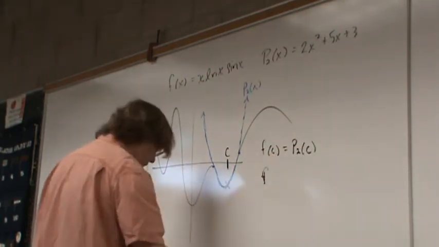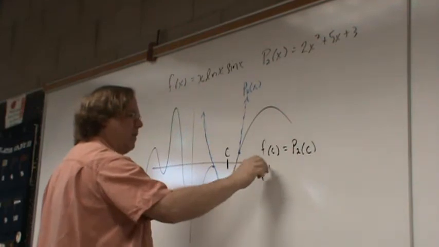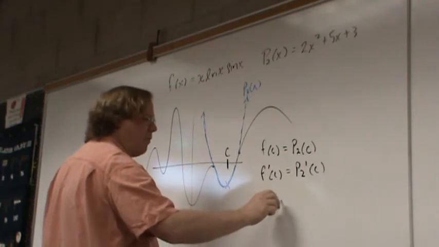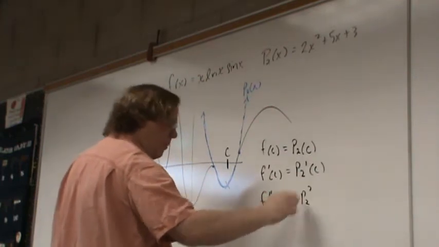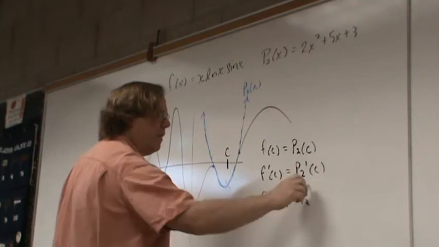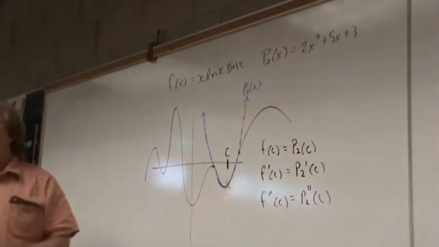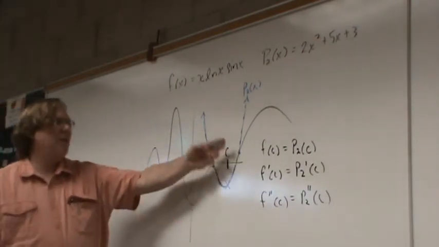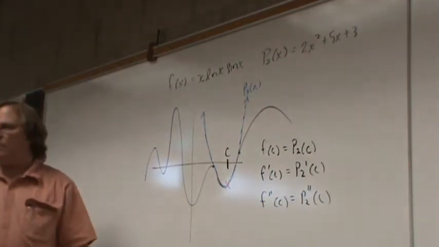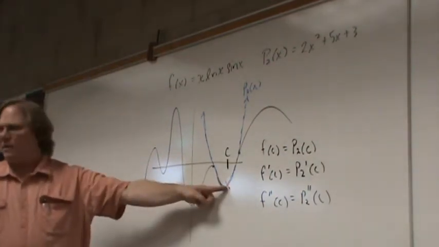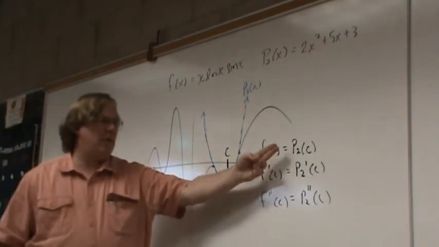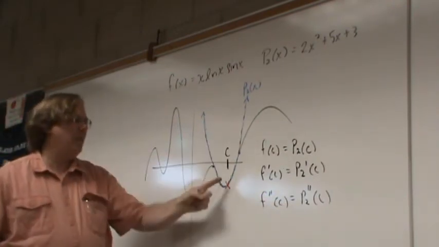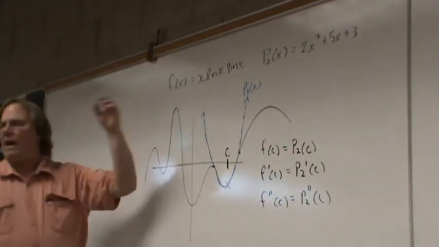I make sure that f prime of C equals P2 prime of C, and I make sure that f double prime of C equals P2 double prime of C. That is the way I construct my approximating polynomial, and the way I get my polynomial to hug the weird function for a particular neighborhood is to choose the center of the neighborhood and then make sure that the functional value, the slope of the tangent, and the concavity of my approximating polynomial are identical to that of my weird function.